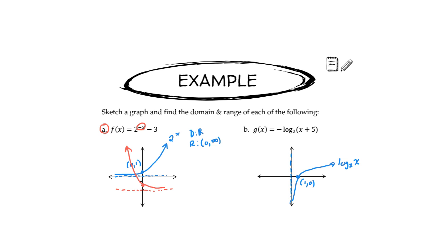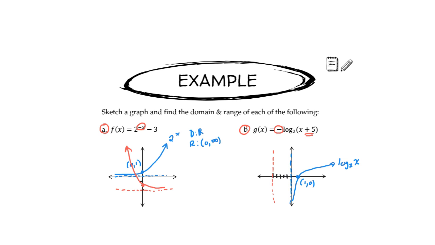One thing you'll see, though, in the graph of negative log base 2 of x plus 5 is it's going to be shifted. It won't be shifted up or down because we have a horizontal shift happening on the inside of the function. This is going to be shifted to the left 5 units, and that will be the location of our new asymptote. And you also see an effect of a minus sign, but the minus sign in this case is outside the function.